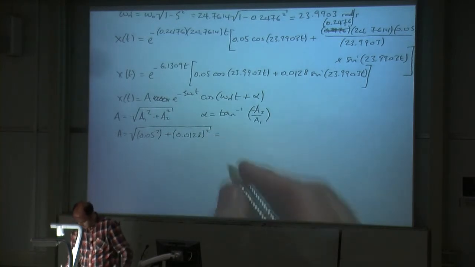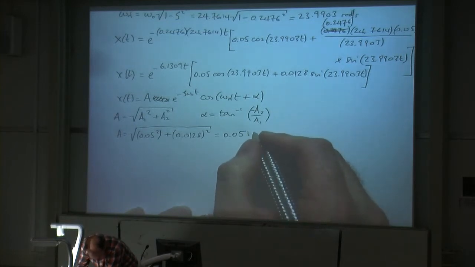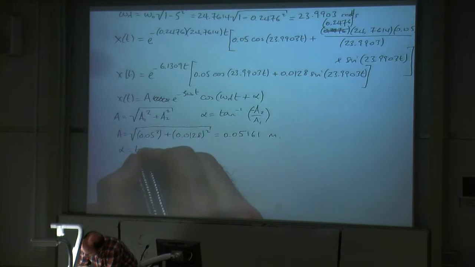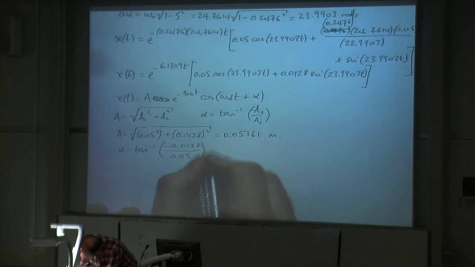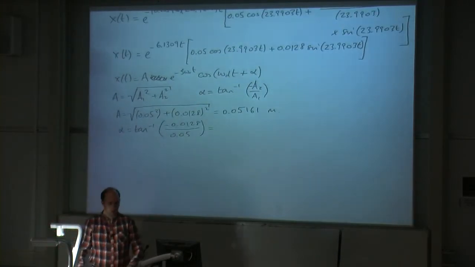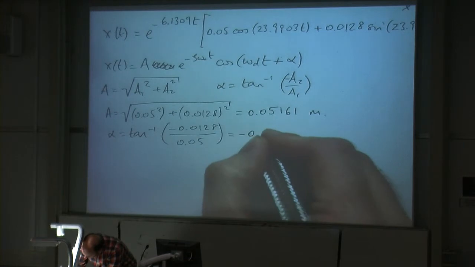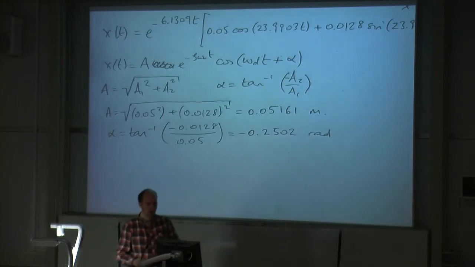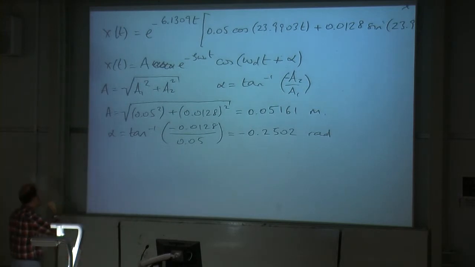And if you do those sums, you get 0.05161 meters, and so we get A to be 0.05161, okay, and alpha, which is the phase angle, is minus 0.2502 radians.